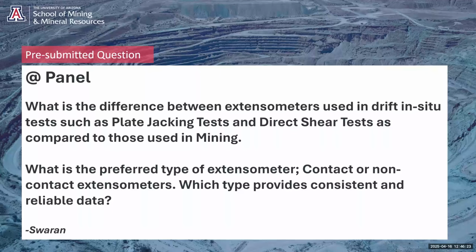So the ones that are in the ground, the borehole extensometers, they do have a displacement transducer inside, but then there is quite a lot of hardware around it. Anchors, for example, the borehole anchors to put the extensometer in contact with the enclosing ground, the extension rods between two anchors so that you know that you're measuring the displacement between a certain depth and another depth down in the borehole, and then also between a certain depth and the surface.